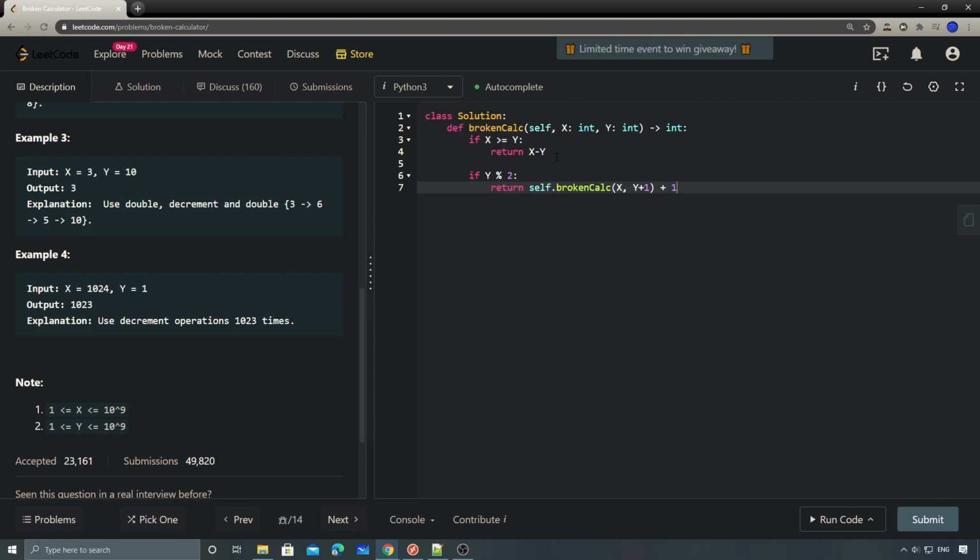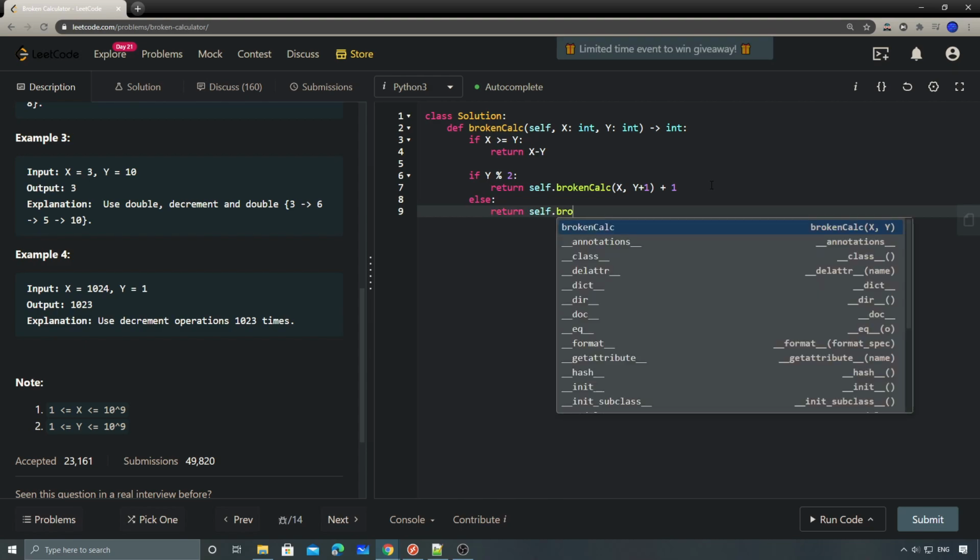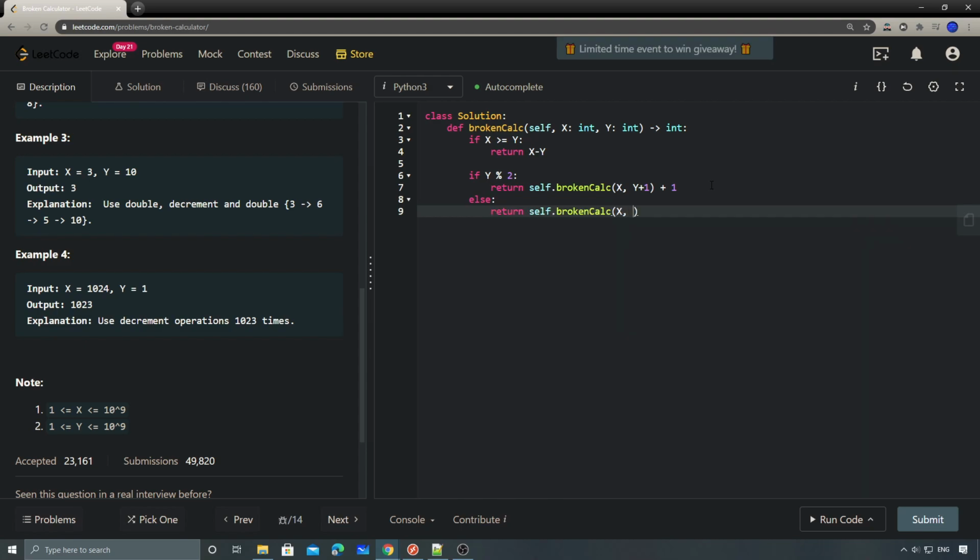So after the current operation, the remaining is y plus 1. The else is going to return self.brokenCalculator(x, y divided by 2), and then we add 1.